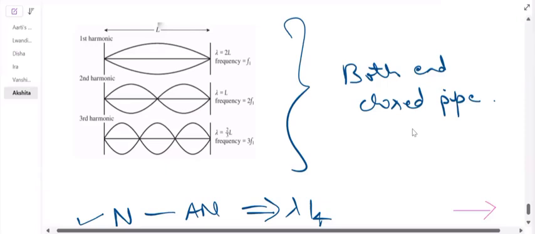For example, a clarinet is a thin piece of wood, and the air inside it is made to vibrate when the lips vibrate.